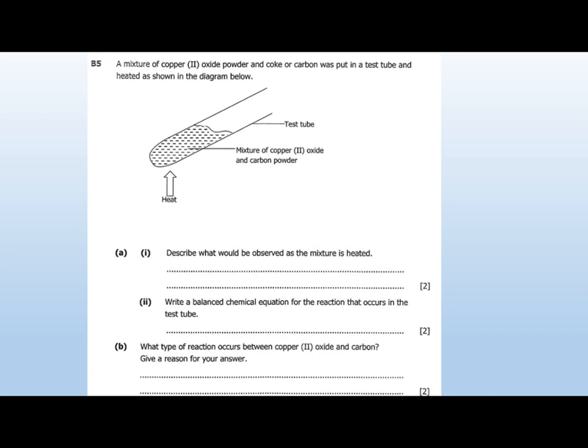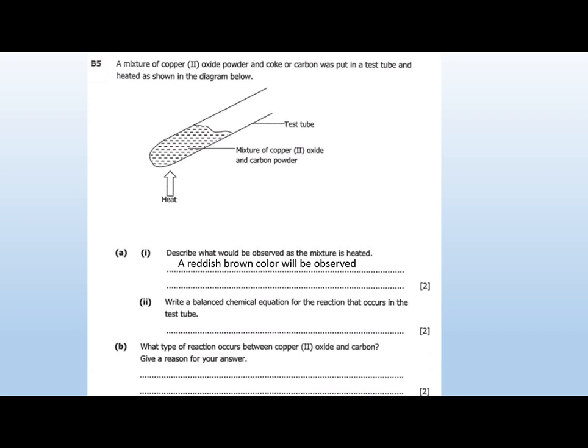But they're asking us to write what we observe as this reaction is carried out. Since copper is being produced and copper is reddish brown in color, what will be observed is a reddish brown color.